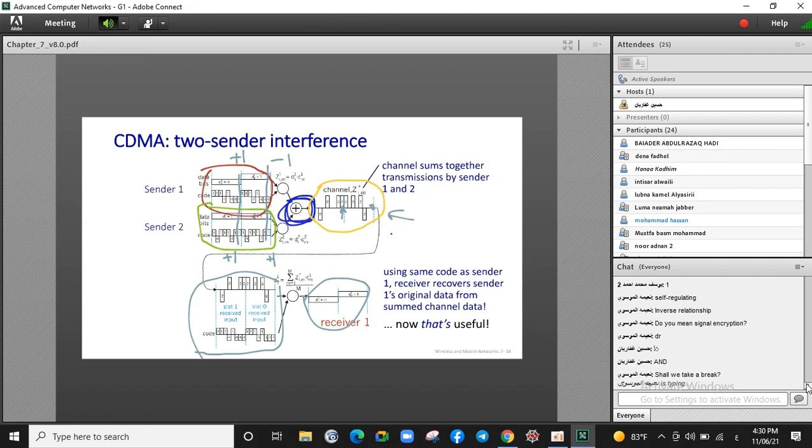Yes, Naima, this is the last slide. Okay, although inside the network I can see the summation of all signals, at the receiver again I'm applying the code on the received signals, and simply I can decode the primary data of the sender. Here sender 1, and this is the information of sender 1.